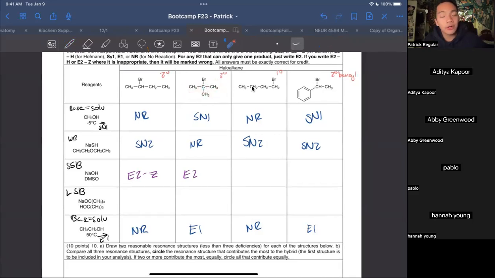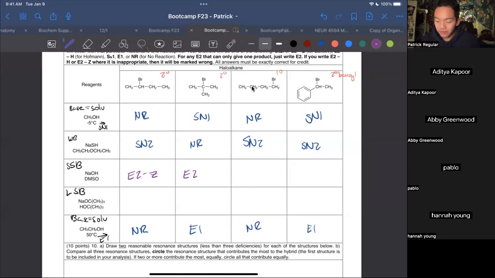Even though it's tertiary, all three beta hydrogens are identical. There is no regioselectivity. One beta carbon is no different than the other beta carbons. There is no Zaitsev or Hofmann. Which one's more substituted? Neither of them, they're all the same. Which one's the least substituted? Neither of them. There is no Zaitsev. There is no Hofmann.